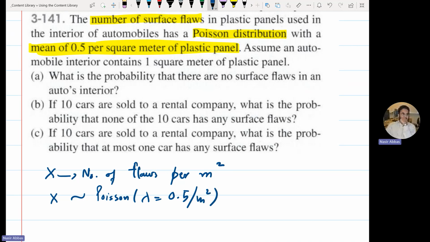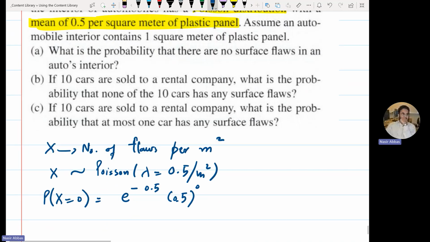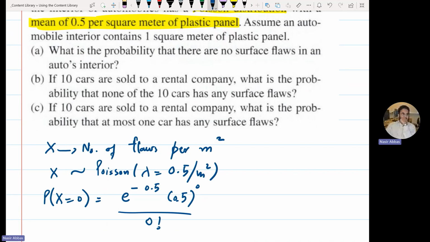What is required in the question? Part A: X equals 0, simple. Probability that X equals 0. This is e to the power minus lambda, lambda to the power 0 over 0 factorial. I just plugged the value 0 into the mass function.